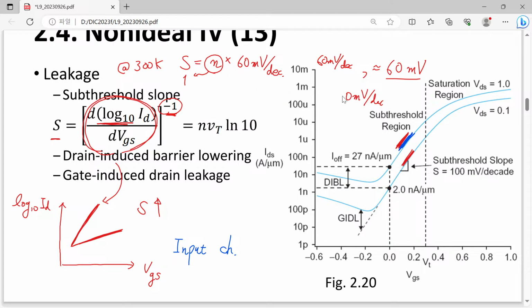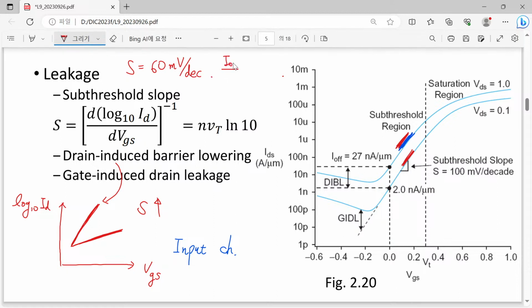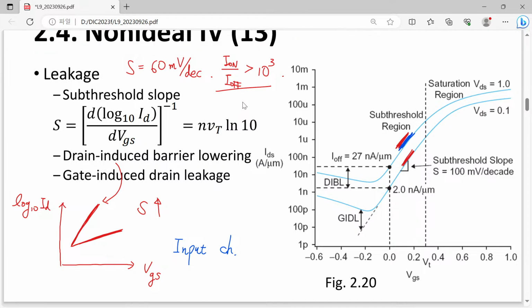Okay, so anyway, simply speaking, if our subthreshold slope, as was just explained in our previous lecture but I wanted to repeat it once again, is 60 millivolt per decade, and we wanted to have at least an I on and I off ratio higher than 10 to the 3, so larger than 1000, then at least how large should VDD be?